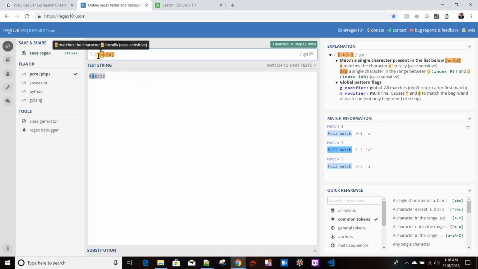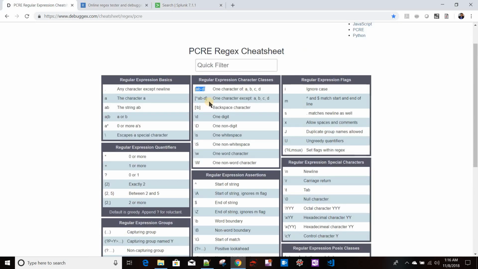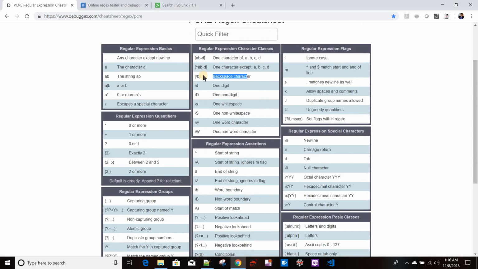If you see any of these characters, either a, b, c or d, this c is missing, but you can give a dash over here. So it's basically a, b, c and d. One of them will match, so it's only matching this a. This is a very simple one. Similarly, if you don't want to match a, b, c, d, you have to give a hat before that. If you want to match a backspace character, you can do this one. Digit character is backslash d. Non-digit character is capital D. These are all simple ones, like word character and white space.